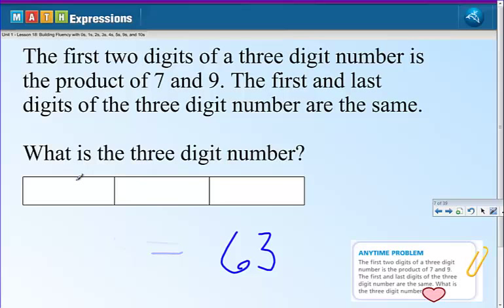So let's put 63 in. 6 and 3. And the first and the last digits of the 3-digit numbers are the same. What's the first digit? A 6. So 636 is our answer. And let's check to make sure we have it. The 3-digit number is 636.